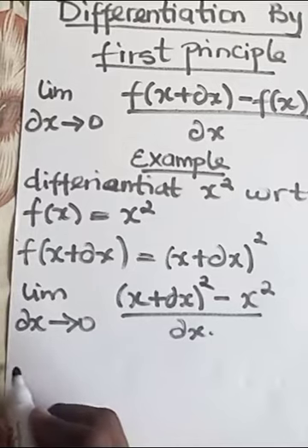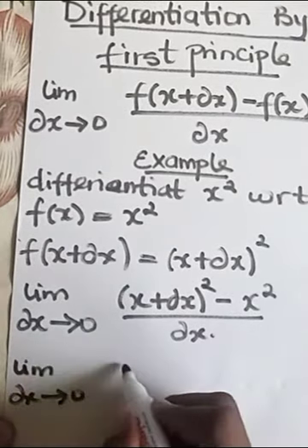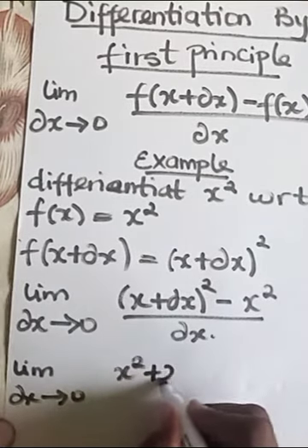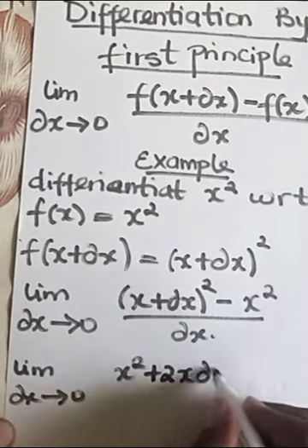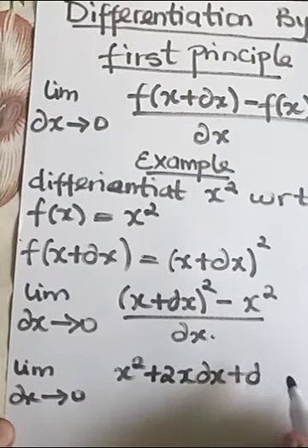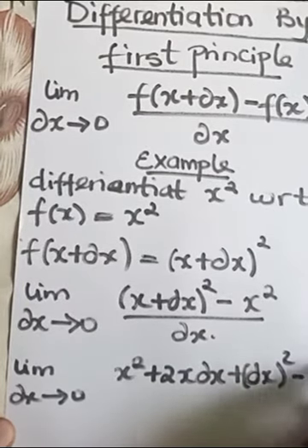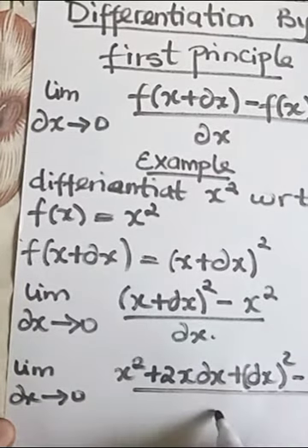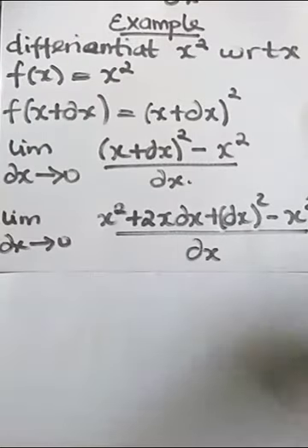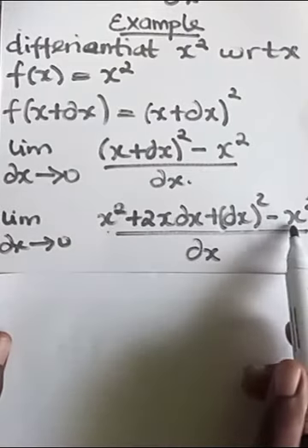Opening this equation, opening that, we're going to have x squared plus 2x delta x plus delta x all squared, minus x squared, all over delta x.